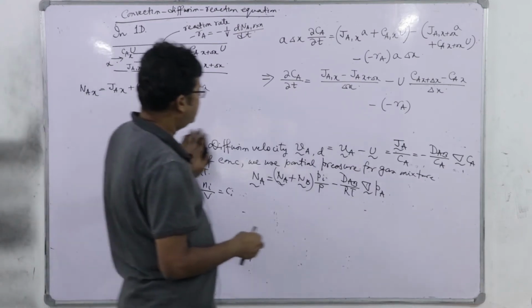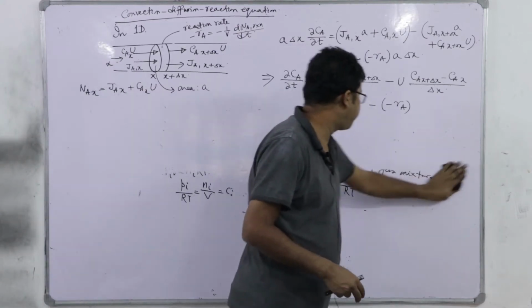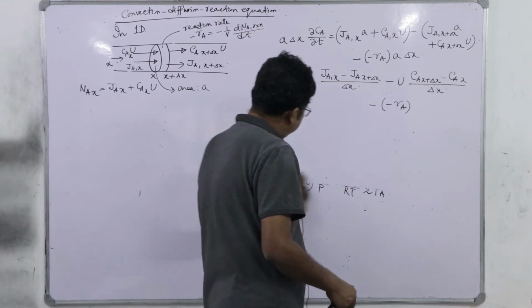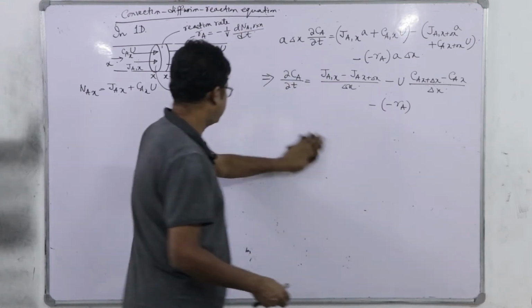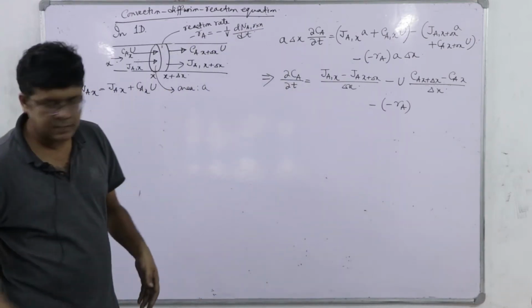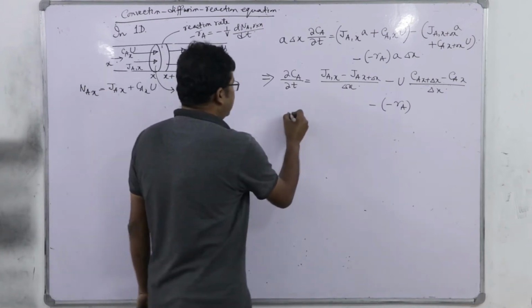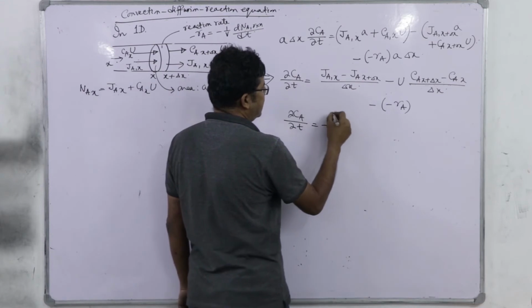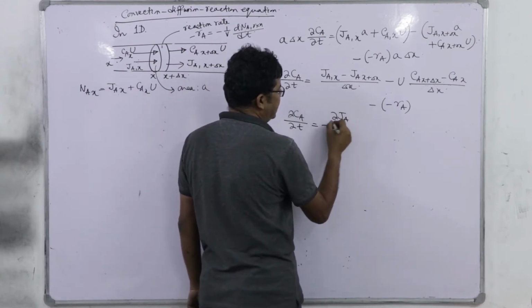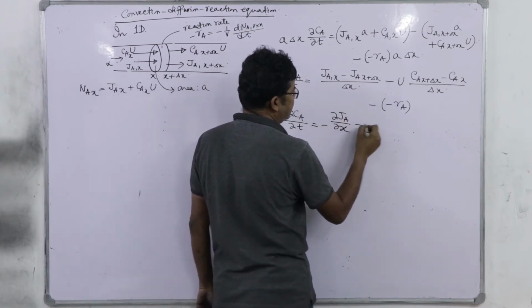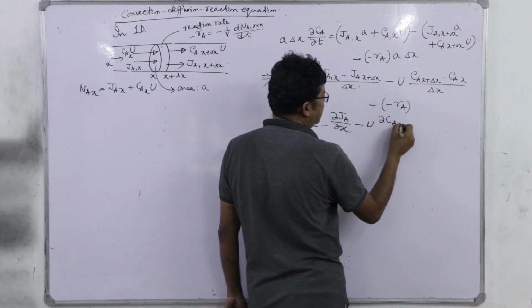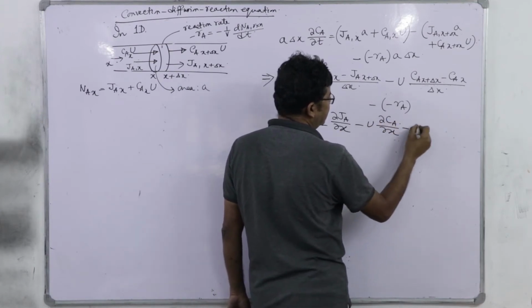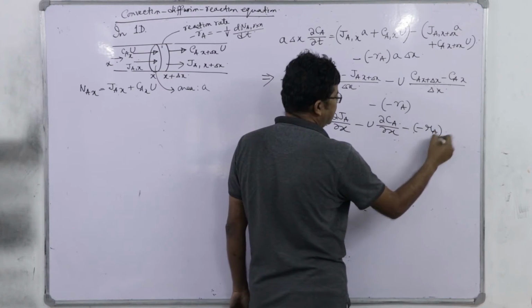So now, del C_A del t is equal to minus del J del x minus U del C_A del x minus of minus R_A.